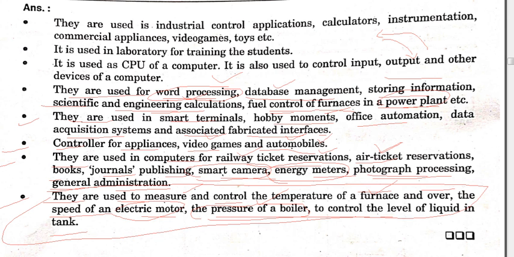Also the level of liquids in the tanks is measured and controlled with the help of this microprocessor based system. So these are the different applications of microprocessor based system which are used in different areas like industrial, commercial purpose, then consumer electronics. So the use of this microprocessor based system is very vast.